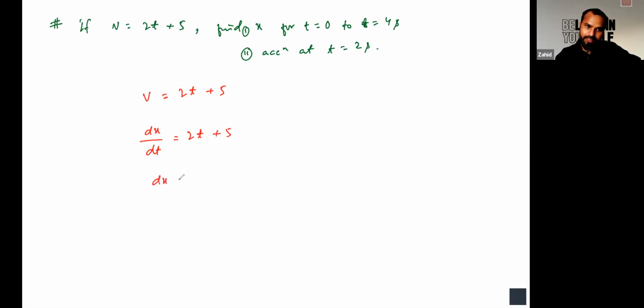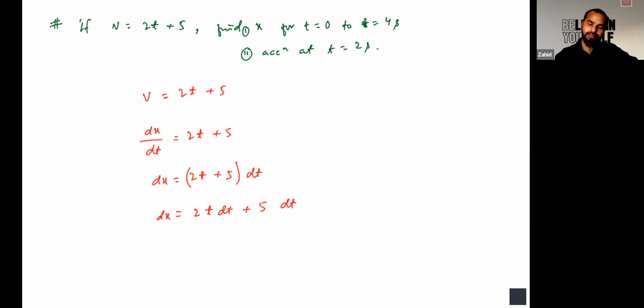It will be dx equals (2t plus 5) multiplied by dt. Now open the bracket: 2t dt plus 5 dt equals dx. dx is a small displacement, and we have to derive the whole part.